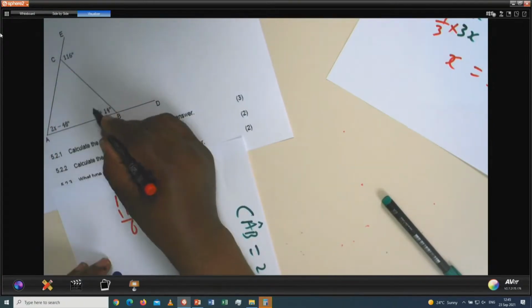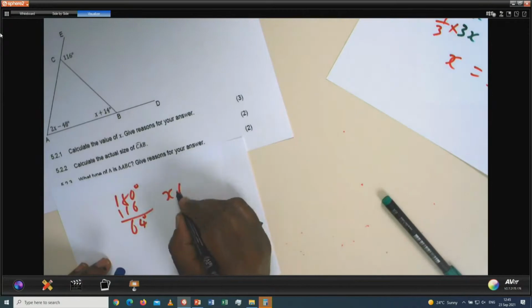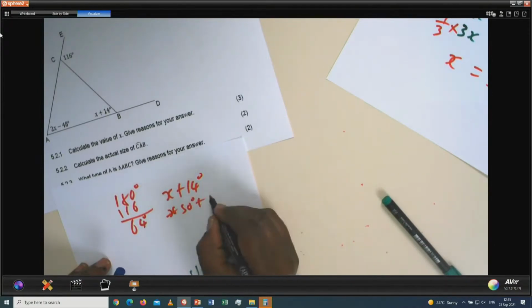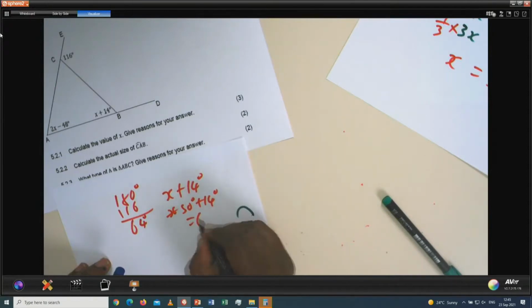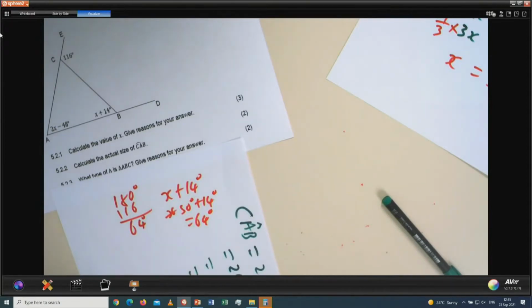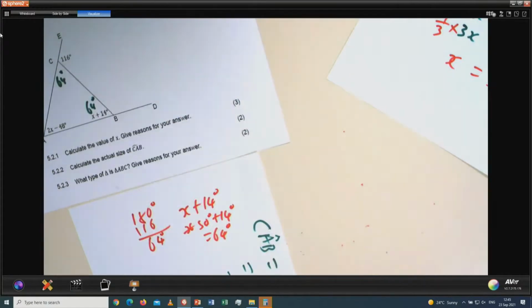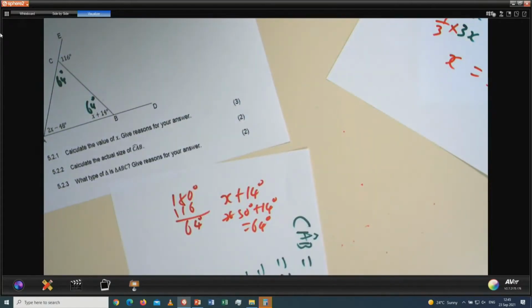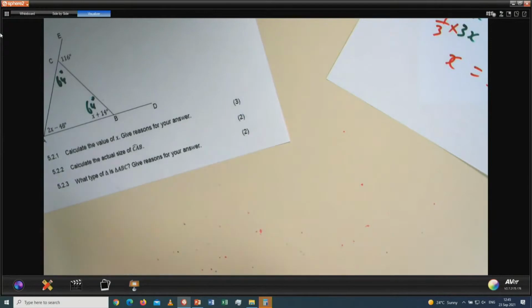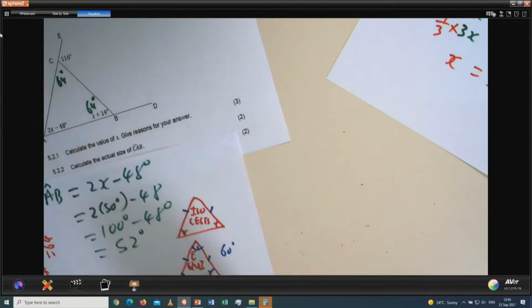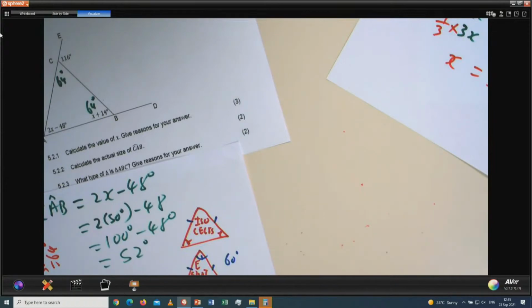Now let's check this one. x plus 14 degrees, which is 50 plus 14, gives us 64. Meaning this angle will be 64 degrees. This one will also be 64 degrees. Therefore, what type of triangle is that? Isosceles, because there are two angles equal.